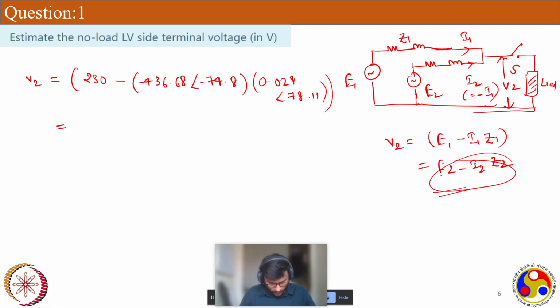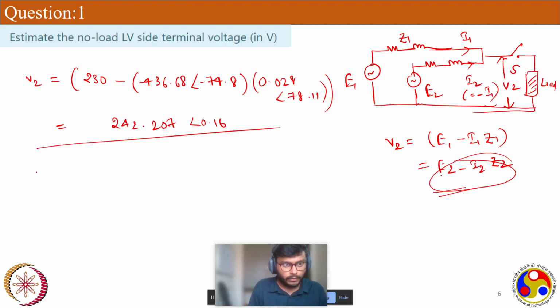Now what I got, I'll write here. I'm writing it in polar form: 230.207 at an angle of 0.16.